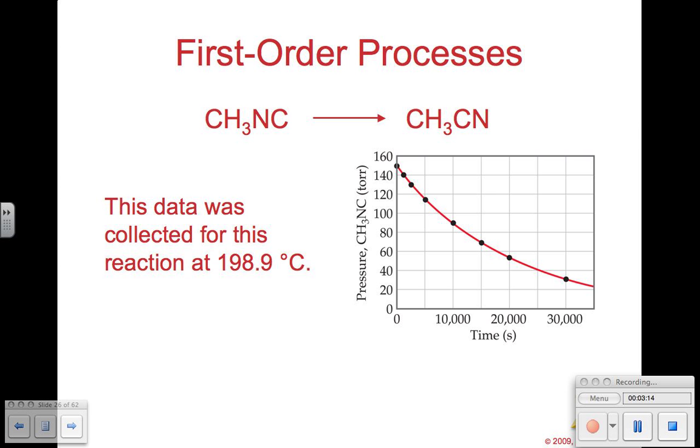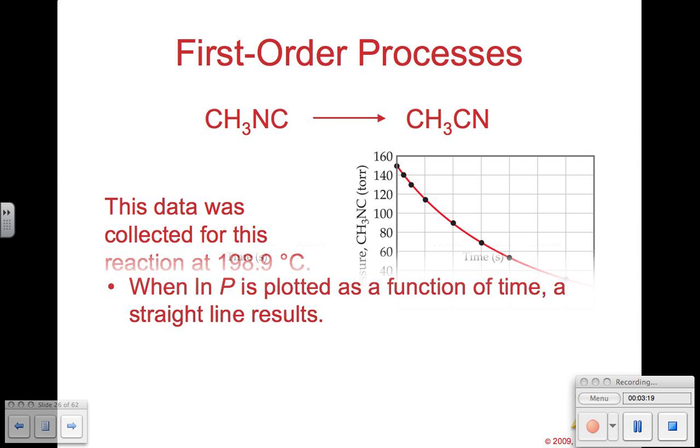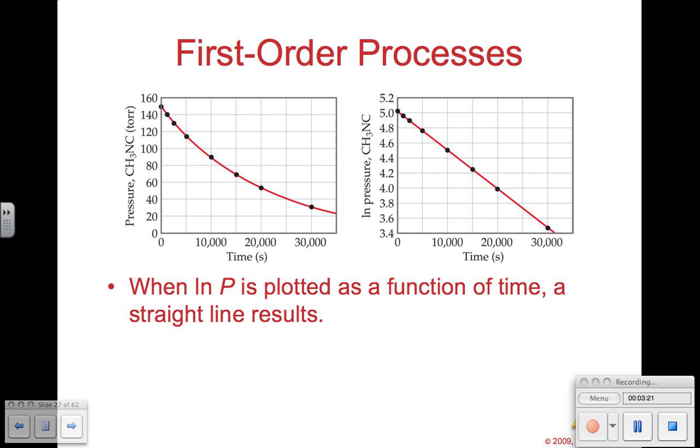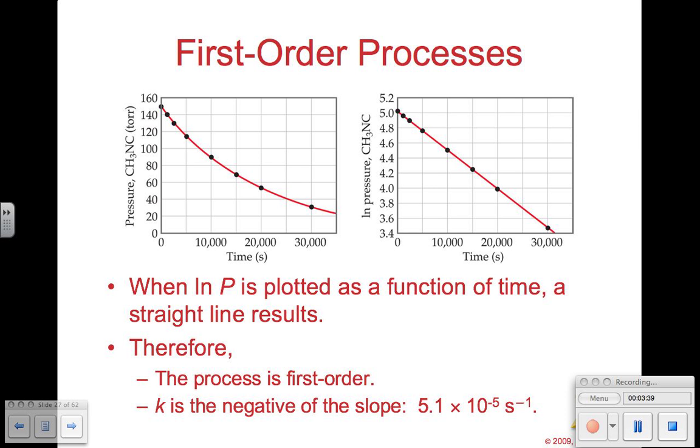Over time the pressure decreases, meaning that the CH3NC is going away, turning into the other stuff at this specific temperature. If we take the natural log of that pressure and graph it versus time, you end up getting a very linear shaped curve, and that communicates to us a first order process.